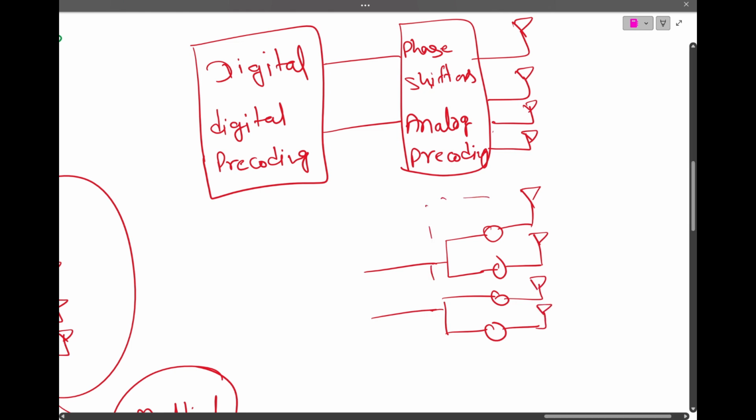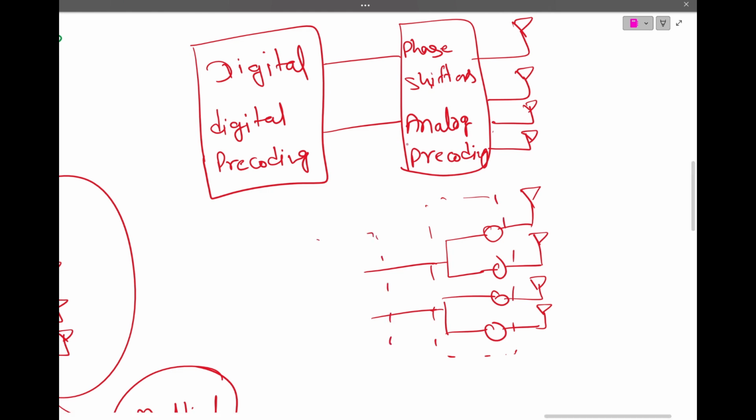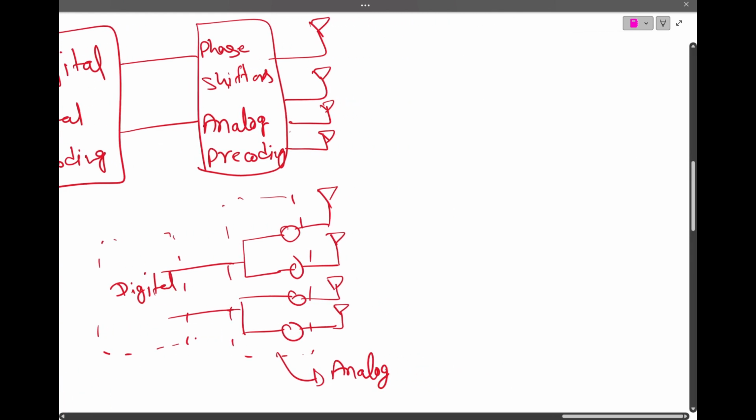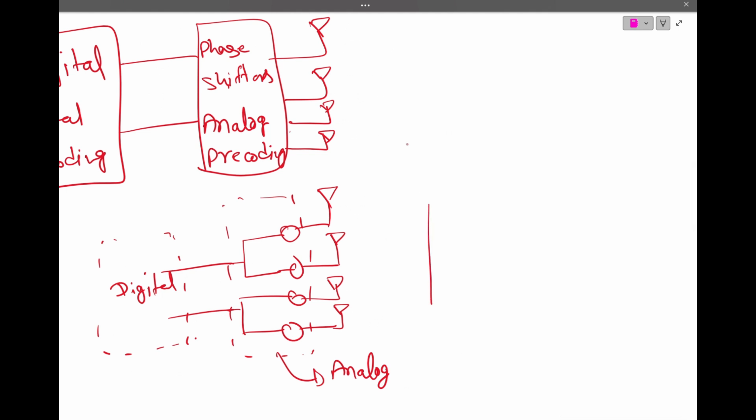This is the analog part and also controlled digitally here, and this is analog.